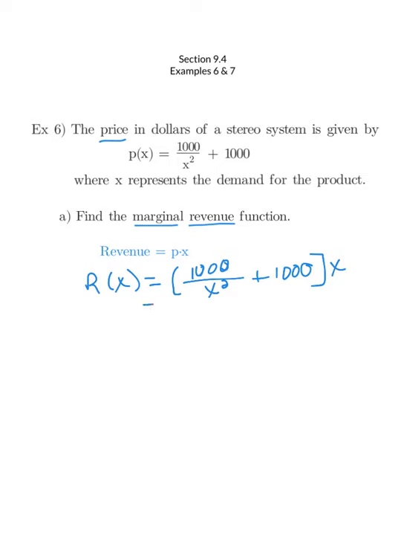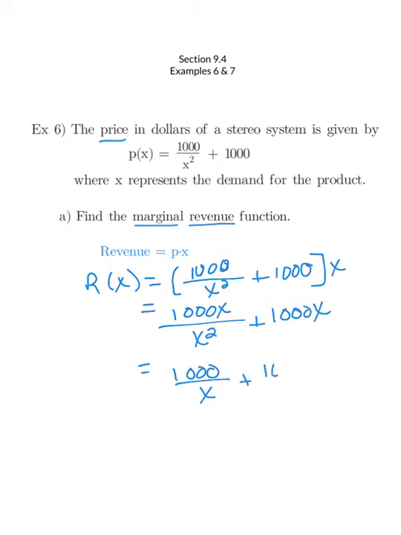If I do that, I'm going to get 1,000x over x squared plus 1,000x. The first term, however, simplifies to be 1,000 over x plus 1,000x.